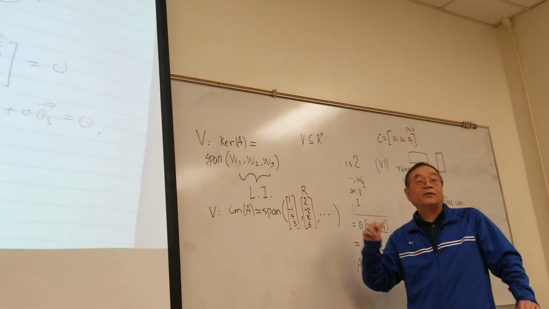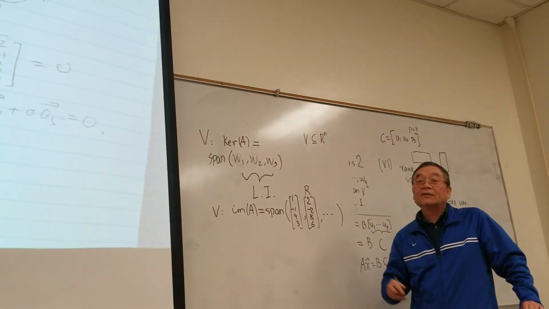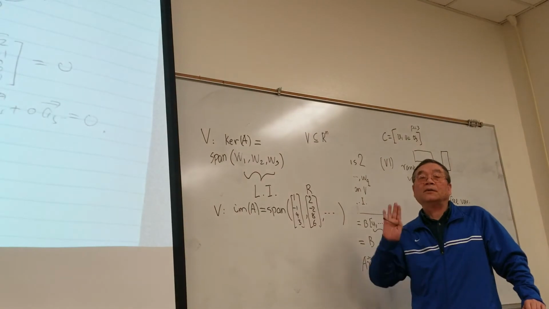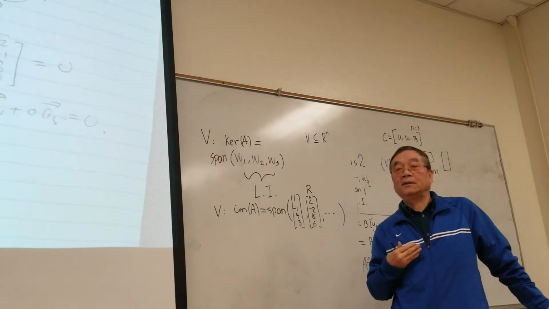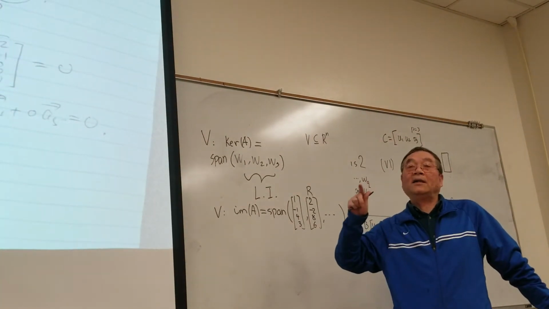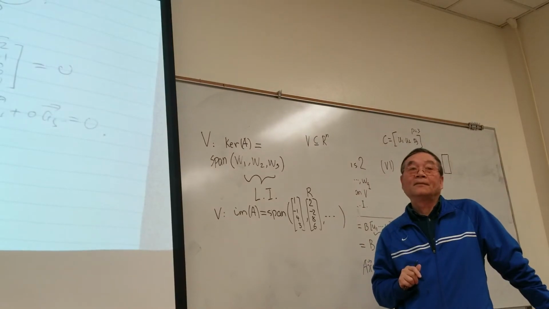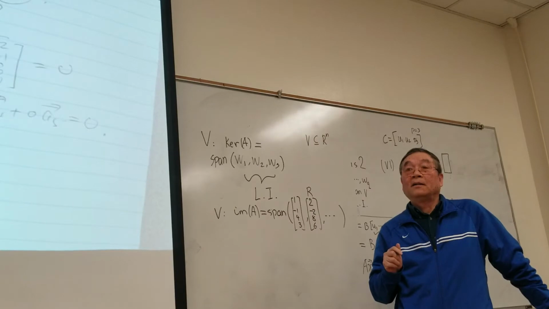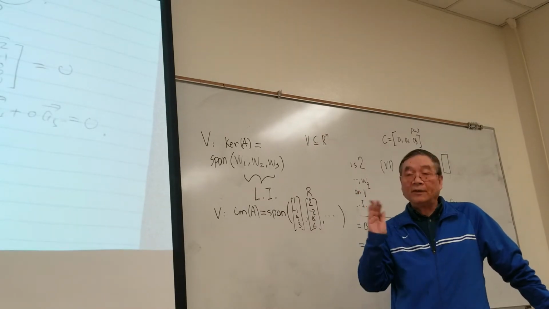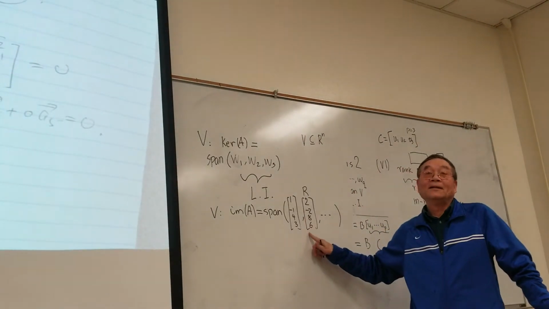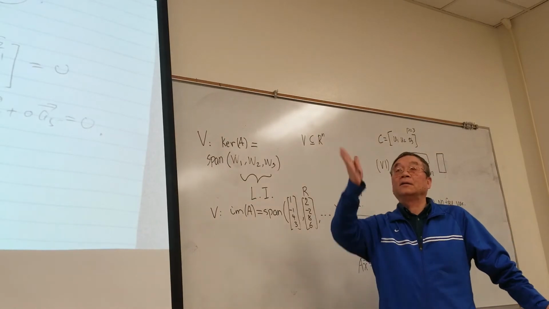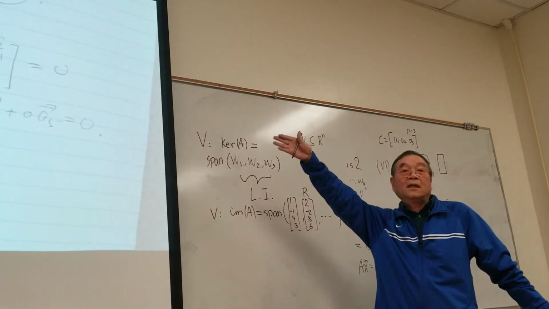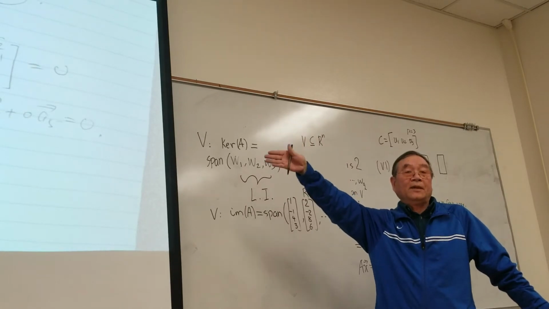Then one way of doing this is to solve Ax equals 0. Or more directly, all I want is RREF of A, right? I find RREF of A. That one is always easier than this one to find the redundant columns, right? So I find the redundant columns, I only put down one.